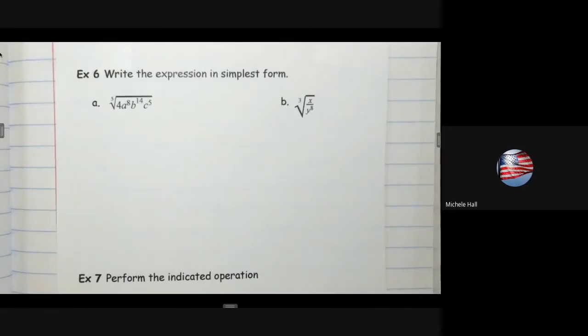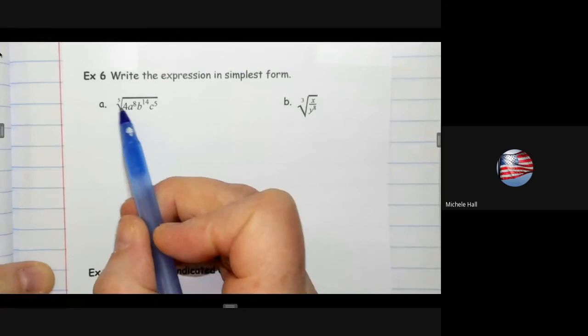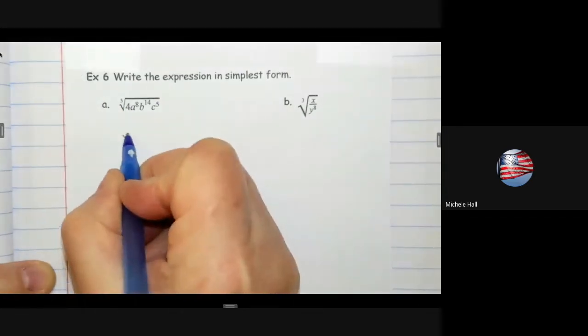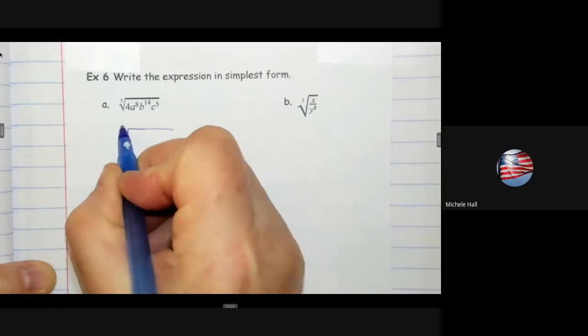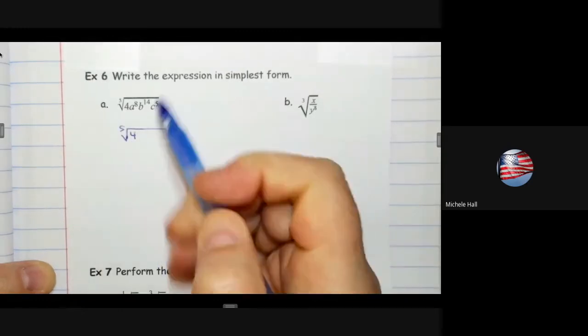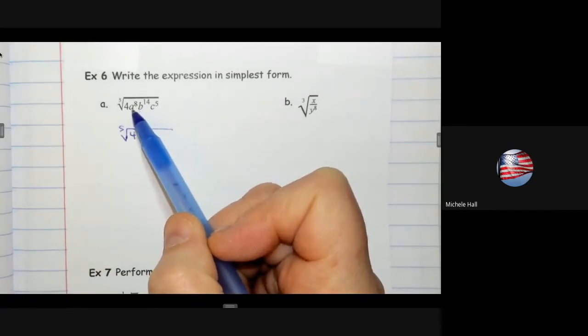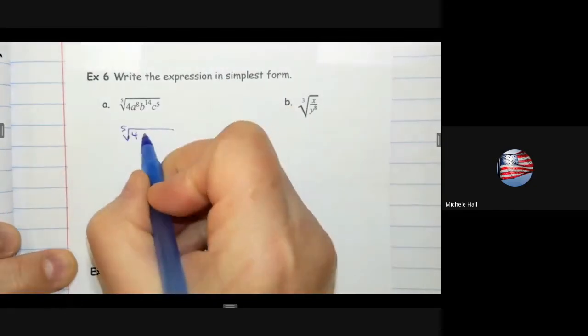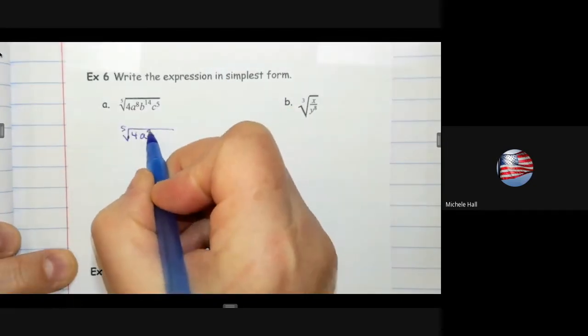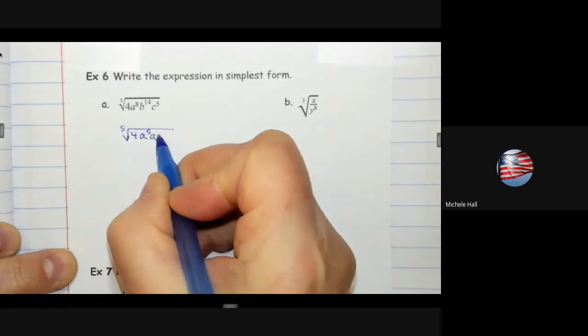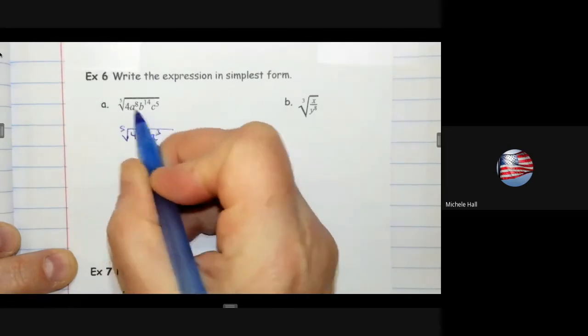Write the expression in simplest form. For the 5th root of 4, that is not going to reduce. That'll have to stay. How about the 5th root of a to the 8th? Let's rewrite that as a to the 5th times a to the 3rd, adding those exponents to get a to the 8th.